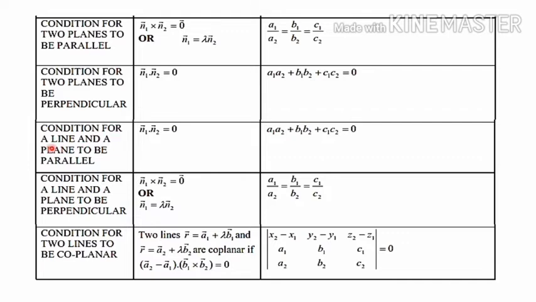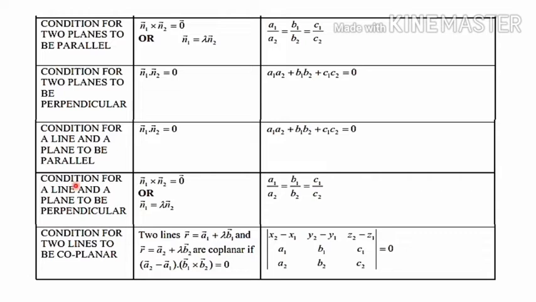Next, condition for a line and a plane to be parallel. Vector n1 dot vector n2 is equal to 0, and a1 a2 plus b1 b2 plus c1 c2 is equal to 0. This is for Cartesian form. And here these two conditions are same. Condition for two planes to be perpendicular and condition for a line and a plane to be parallel, both are same condition.